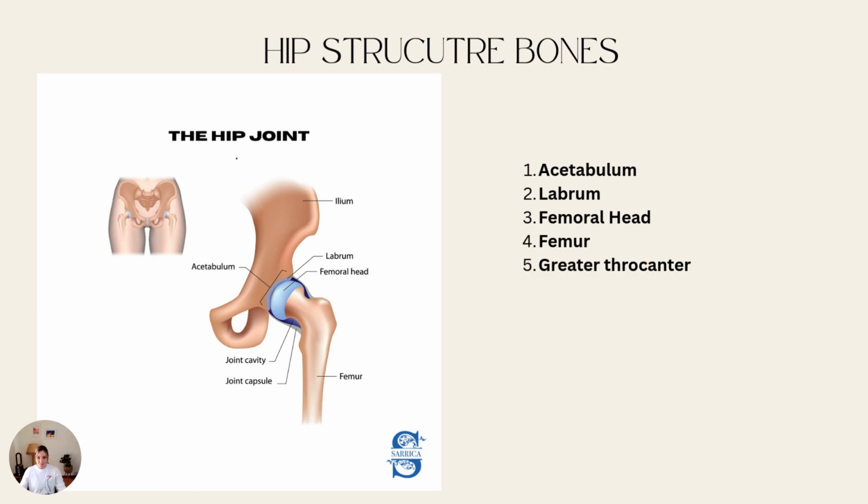Okay, so there's another variation between us as humans, called femoral version. Version just means rotation of the bone, how this bone is rotated. There is normal anteversion, high anteversion and low anteversion.